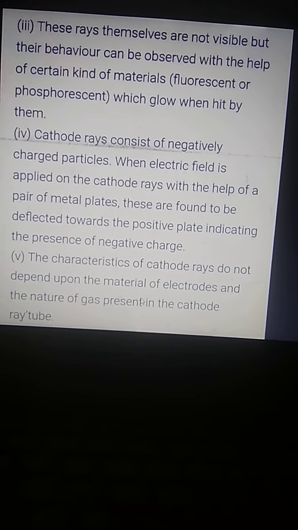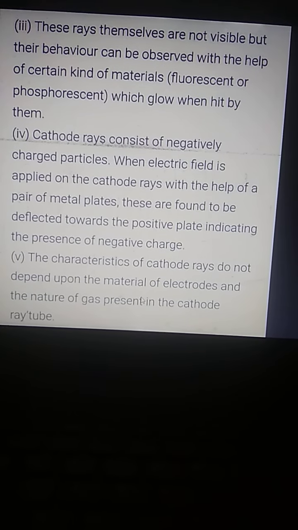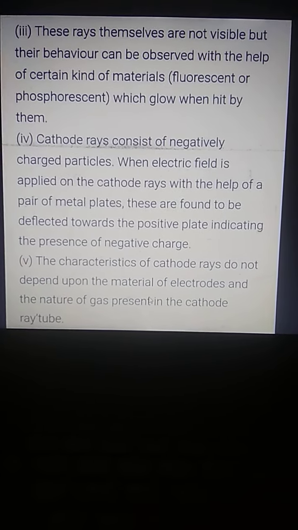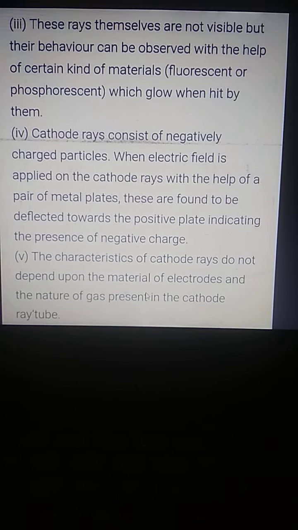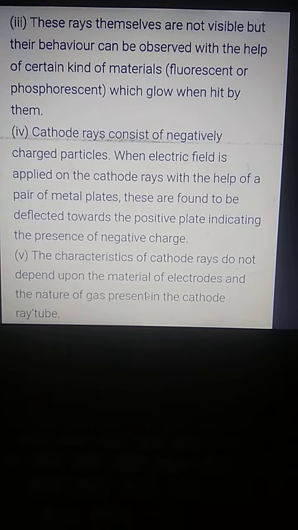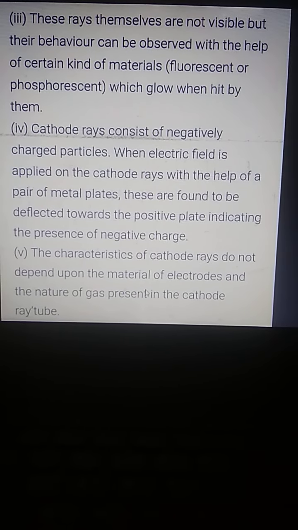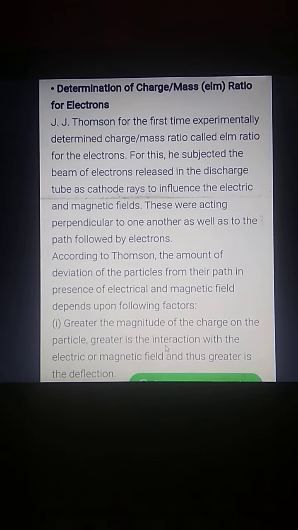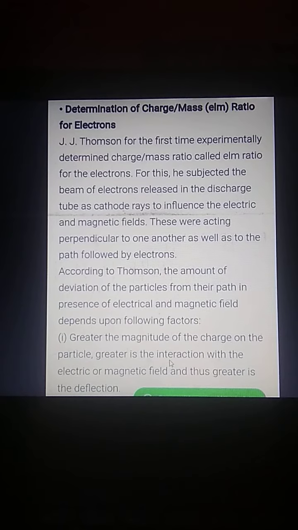That's why they are known as fundamental particles, because they are the same with everything. The cathode rays do not depend upon the nature of the electrode or on the nature of the gas.